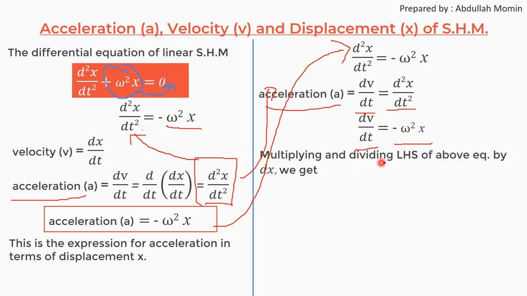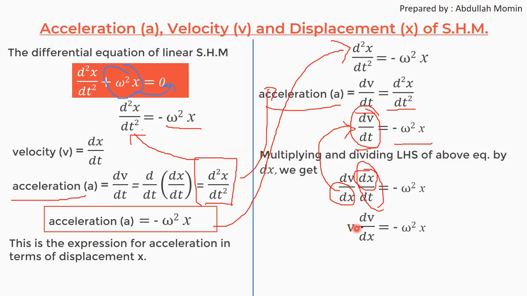Multiplying and dividing the left hand side of the above equation by dx, we can write dv by dx into dx by dt. This dx and this dx will get cancelled and we get the same equation. Now dx by dt can be written as velocity. So v into dv by dx is equal to minus omega square x.